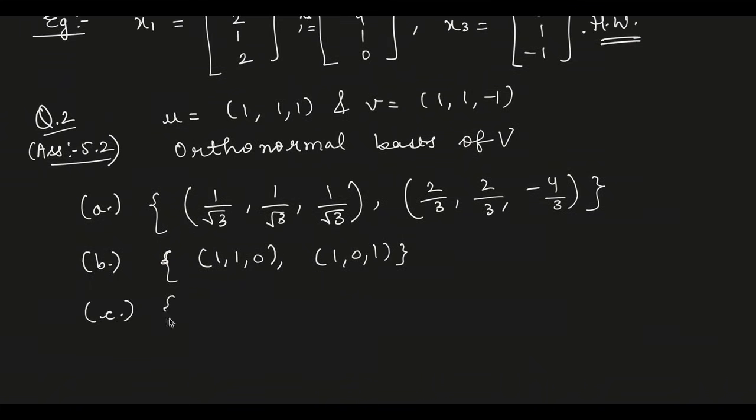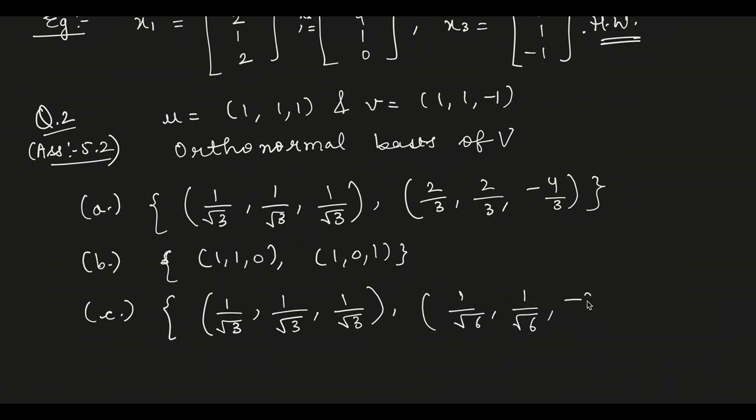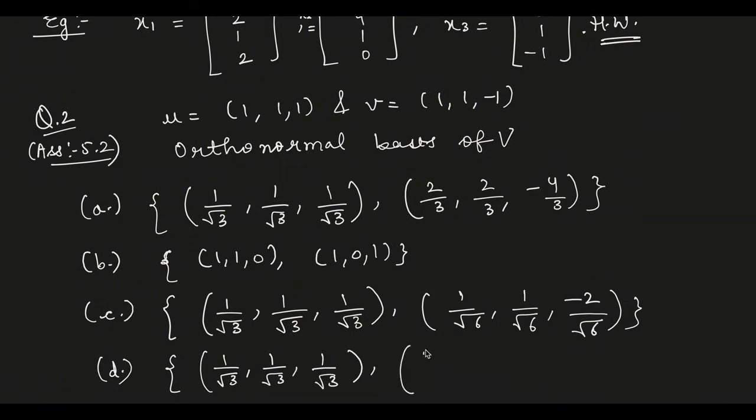C part: 1 by root 3, 1 by root 3, 1 by root 3, 1 by root 6, 1 by root 6, minus 2 by root 6. Another option: 1 by root 3, 1 by root 3, 1 by root 3, 2 by root 6, minus 1 by root 6, minus 1 by root 6.